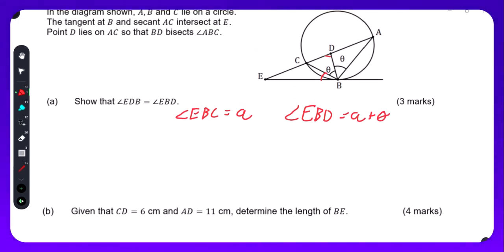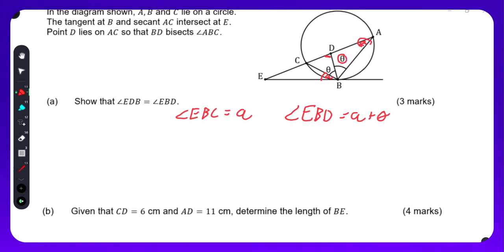Now, just to add more information, this one up here is also going to be alpha because of the alternate segment theorem, and therefore we know that angle EDB, this one up here, is actually going to be equal to the sum of these two angles.